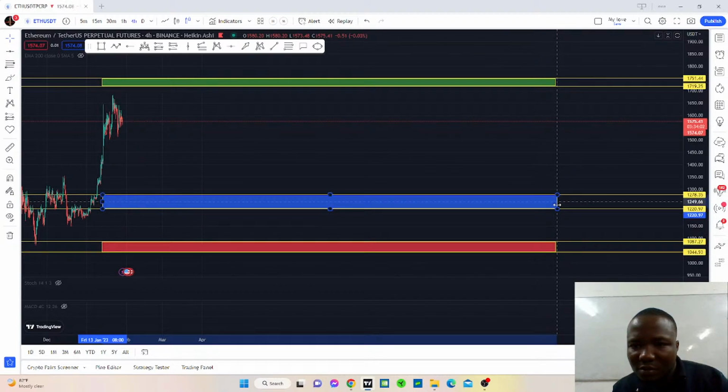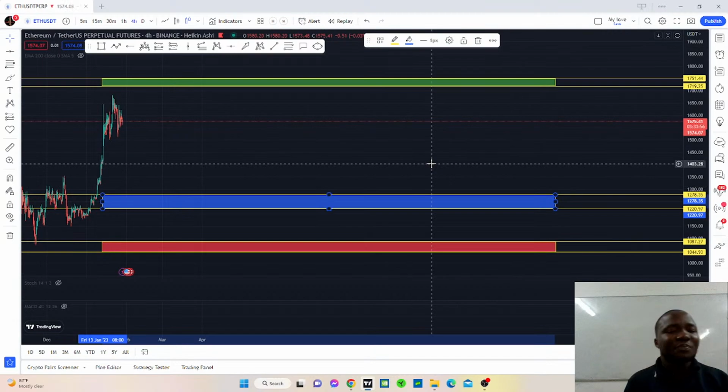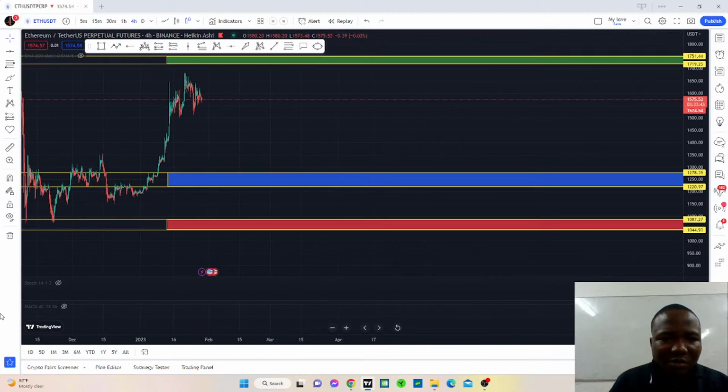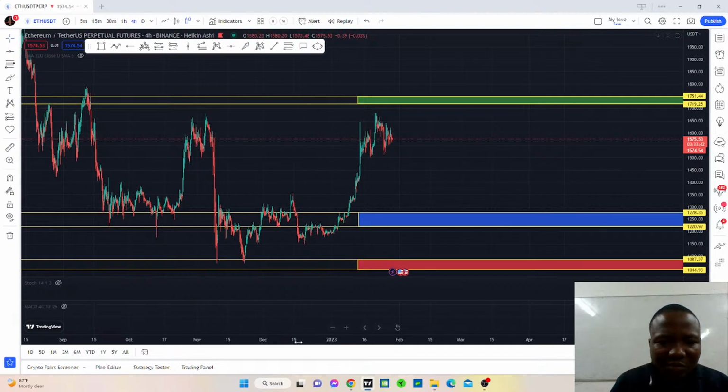So here also, perfect. You can see. So now let's make a perfect zone also in this place. You can see the market was resisted here.